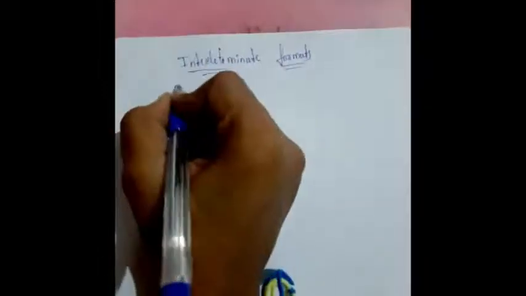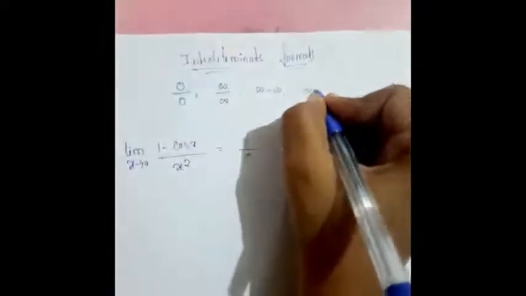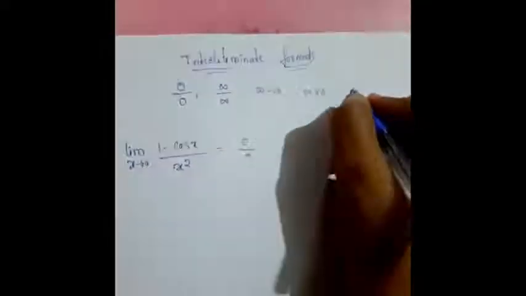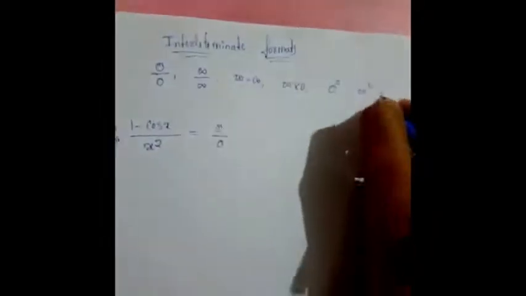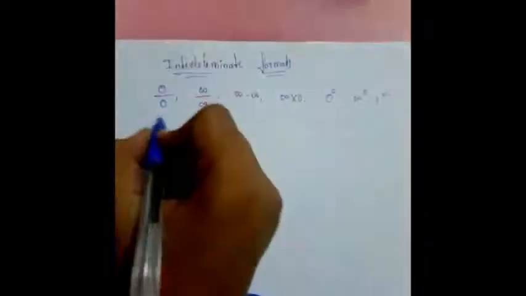For example, if you get 0 by 0, infinity by infinity, infinity minus infinity, infinity into 0, 0 raised to 0, infinity raised to 0, and 1 raised to infinity. Remember, all these forms are called indeterminate forms.